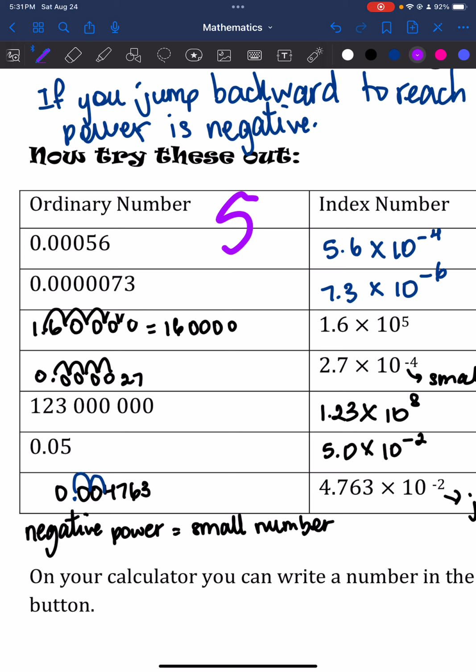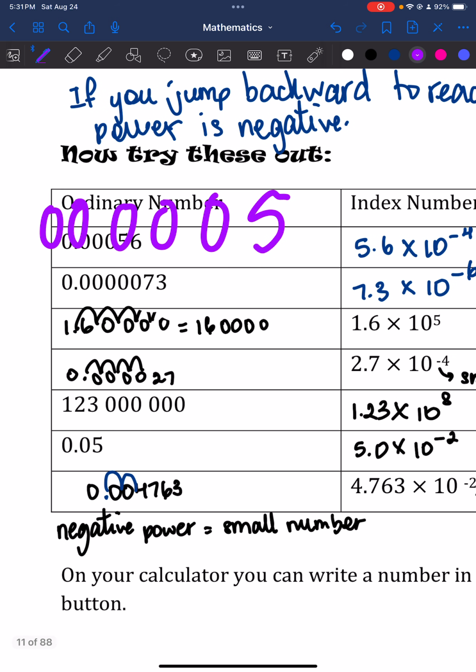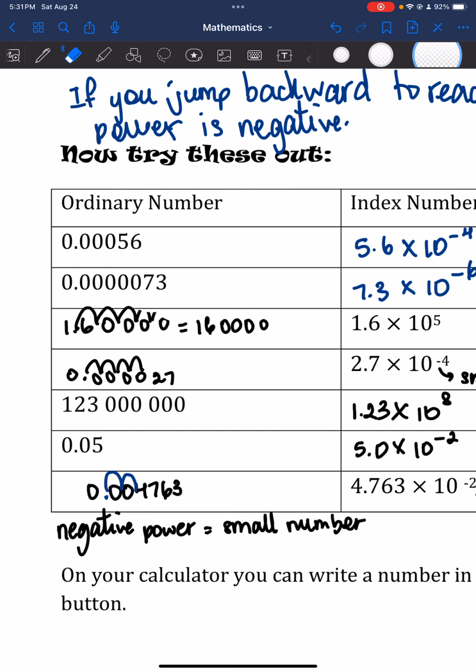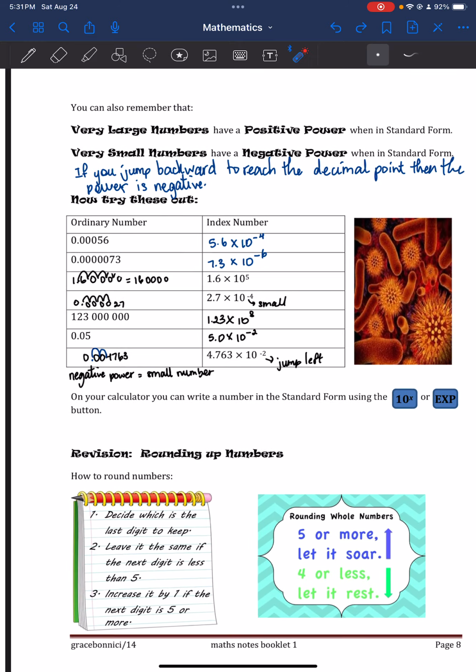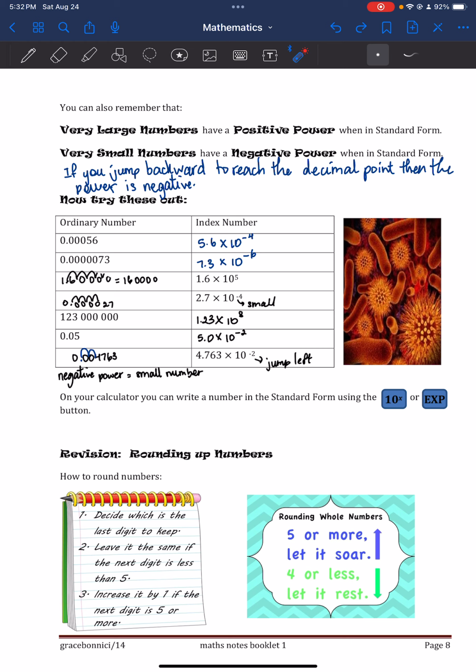Negative means we jump into the left side. So we go 1, 2, 3, 4, 5. Point here. That means a real small number. So hopefully that makes some sense to you. I put a little note here saying if you jump backwards over each decimal point, then the power is negative. So hopefully you understand what I mean by positive means we push right. Negative indices means we are going back, right?